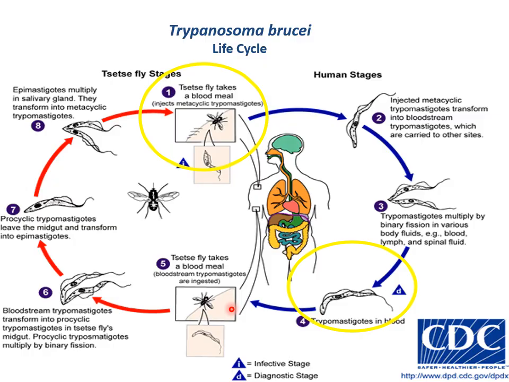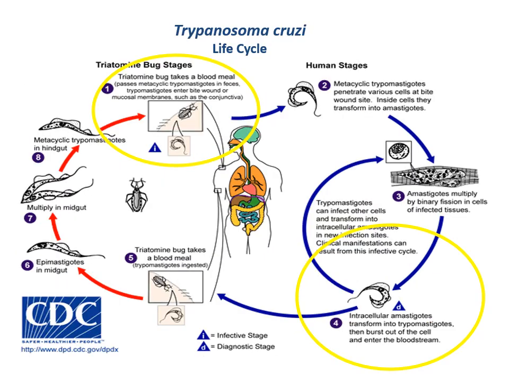And whenever the tsetse fly is taking a new blood meal, it will ingest those trypomastigote stages, which will transform into procyclic trypomastigotes in the midgut of the tsetse fly. These will further divide and will transform into epimastigotes in the midgut, then will move to the salivary glands, where the epimastigotes will transform into metacyclic trypomastigotes.